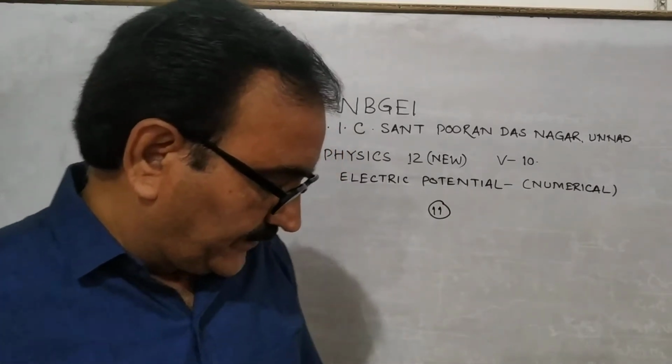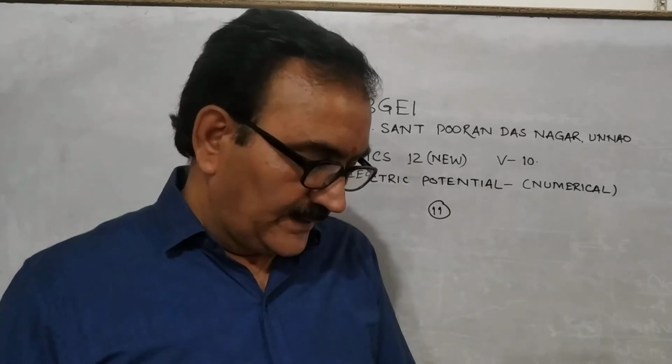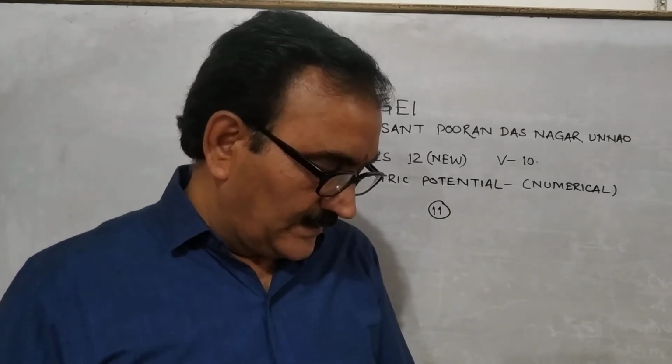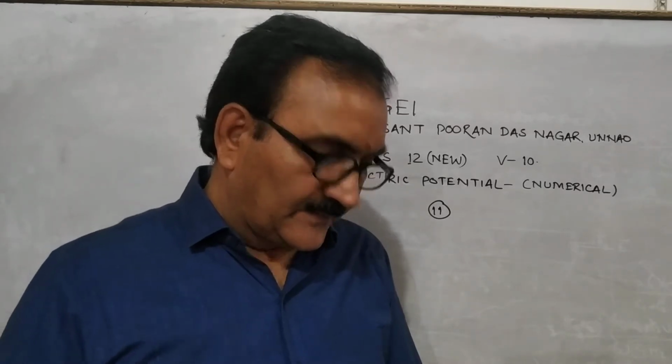According to the question, in the given figure, at which point on the line joining the charges will the electric potential and electric field be zero?